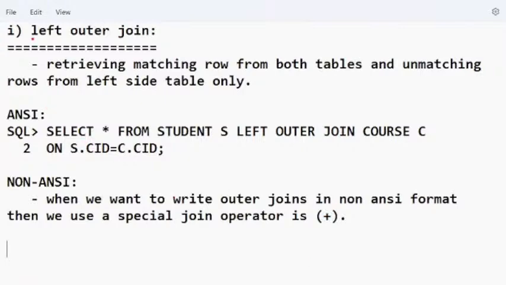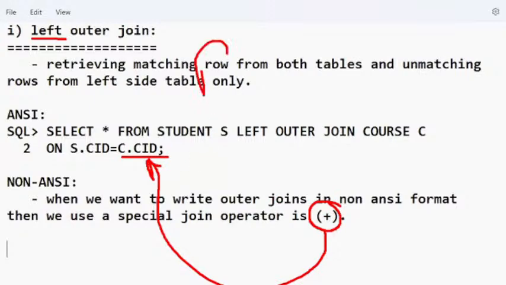When you want a left outer, then this predict symbol you can use on the right side table. When you want a right outer, then this predict symbol can be used on the left side table.